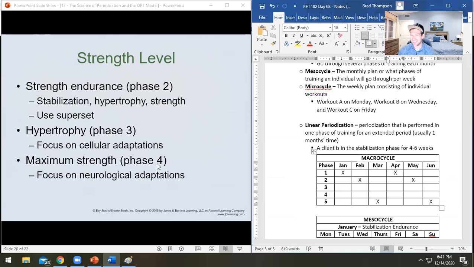So I honestly like to think of phase 2 as phase 1.5, because you're getting the strength work in there, but you're also doing a lot of stabilization work still. And we're going to use those superset techniques in strength endurance, which is a great way for us to develop, like I said, overall endurance, right?